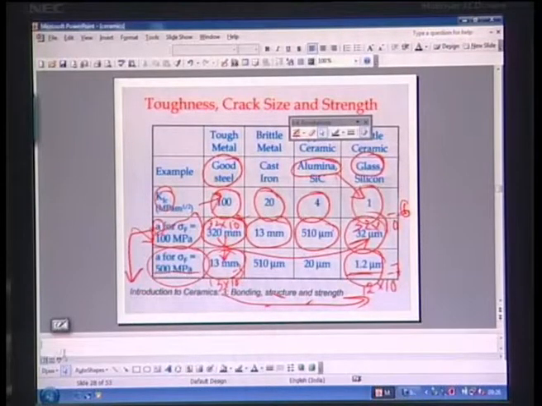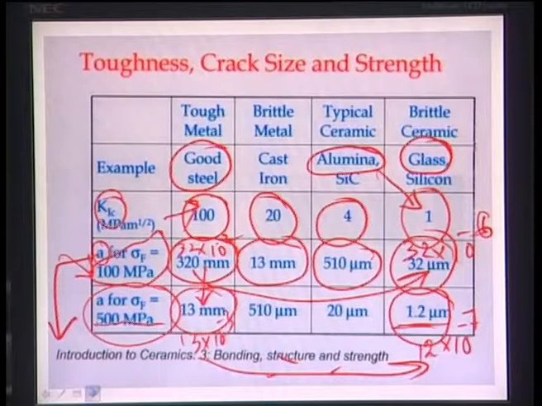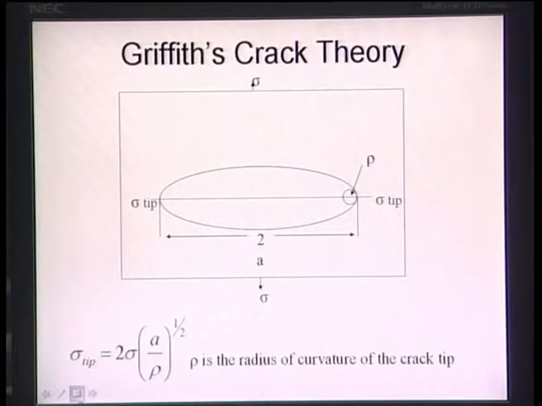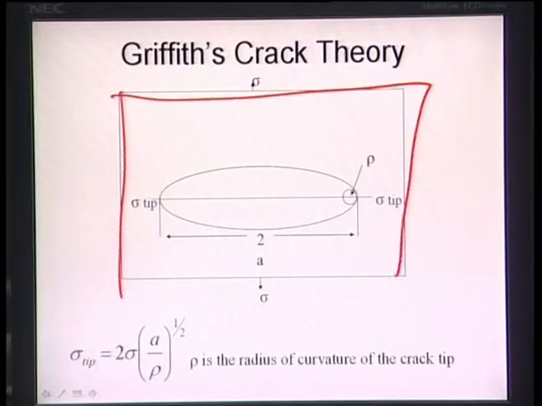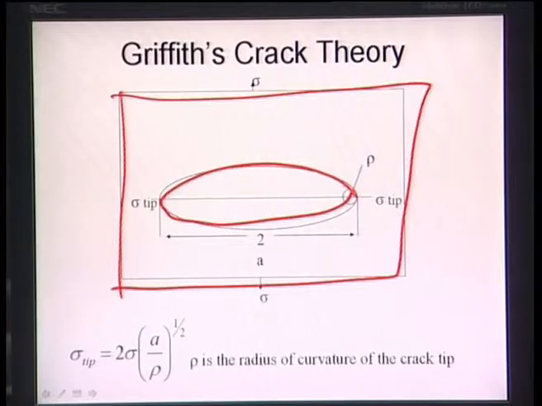And then if you go to the next slide, what you see here is the Griffith crack theory. This is a famous crack theory proposed by Griffith. In this Griffith crack theory, you have a rectangular plate, and this rectangular plate has a central crack.